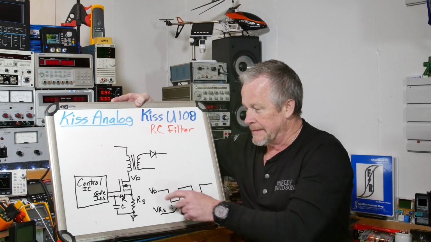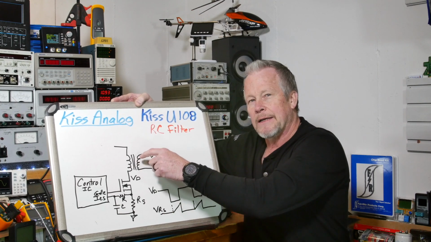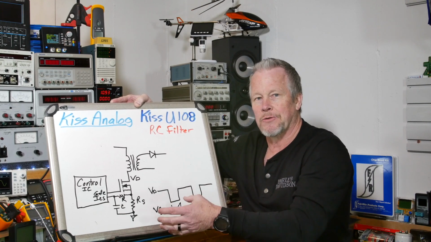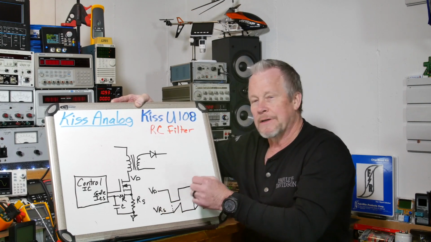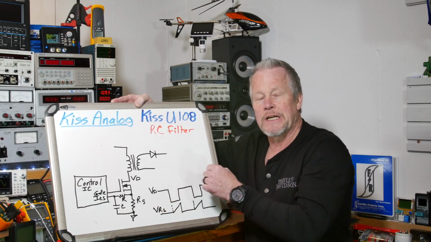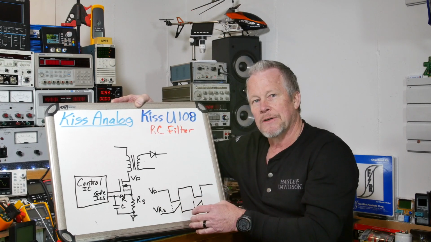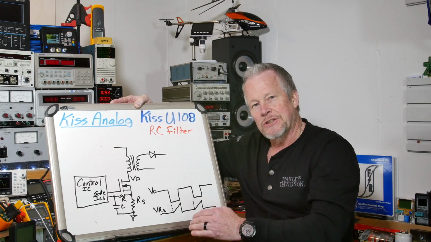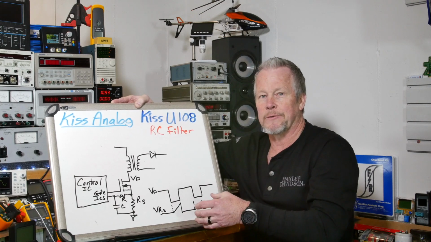Now, this is going to be triangular shaped because remember, current in an inductor is a choke. Transformer is a choke, right? It's another word for it. It chokes off the current. It doesn't like current changing instantly, just like a capacitor doesn't like voltage changing instantly. Voltage has to charge up on a capacitor, but current can change instantly through a capacitor, practically.